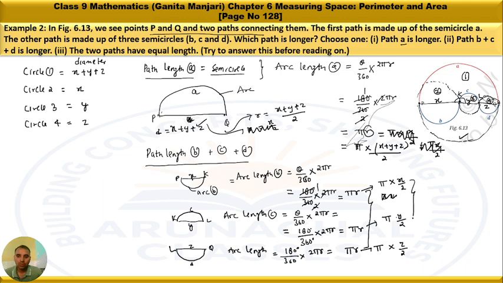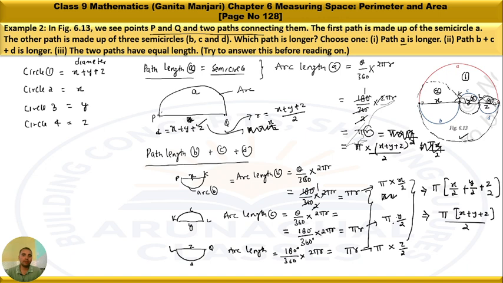Now I need to add these three. So when I add, pi will be taken as common. It is x by 2 plus y by 2 plus z by 2. Now I can write it in simple form, pi multiplied with x plus y plus z divided by 2.